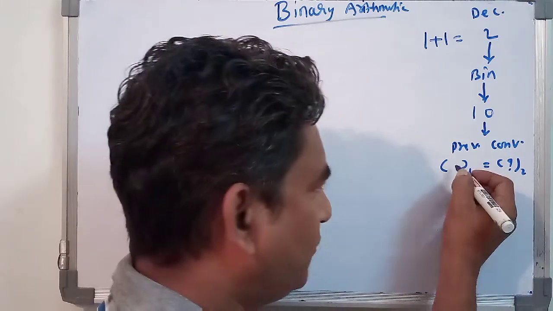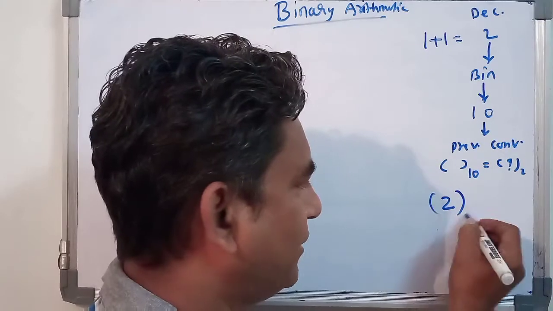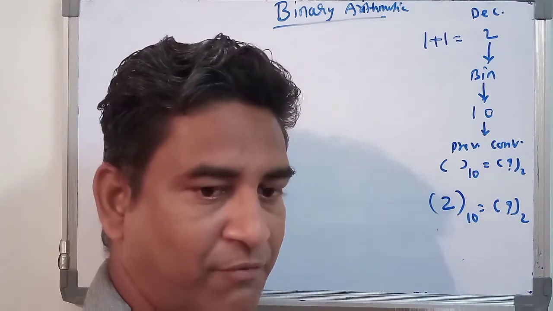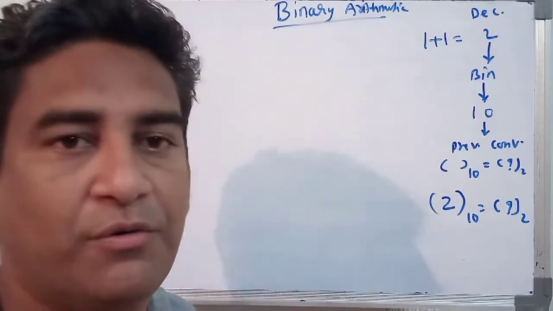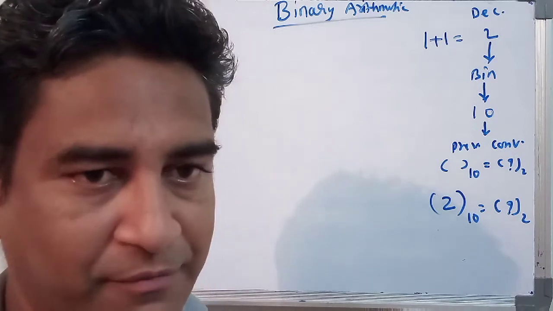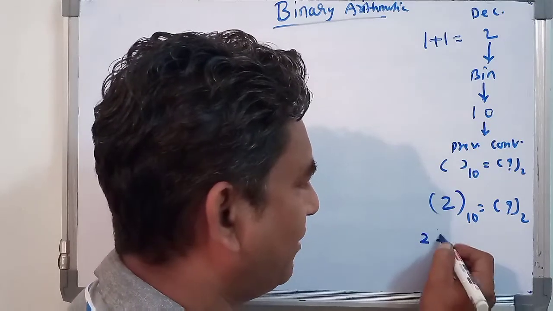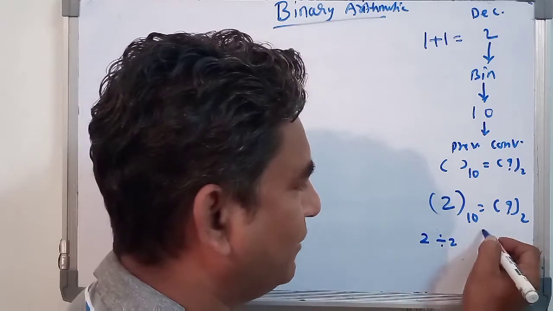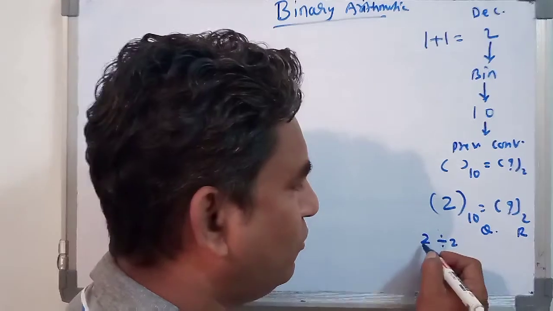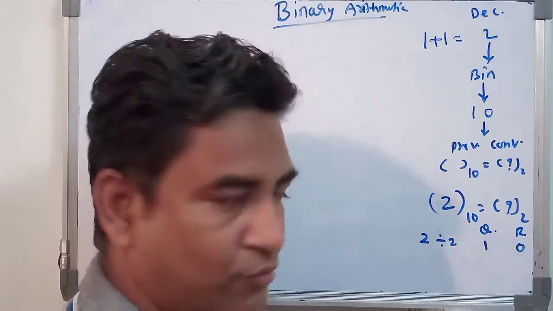Now suppose you have the number 2 written in decimal and it has to be converted into binary. What steps do you follow? You divide the number by 2 and get the quotient and the remainder. 2 divided by 2 gives 1 and remainder 0.